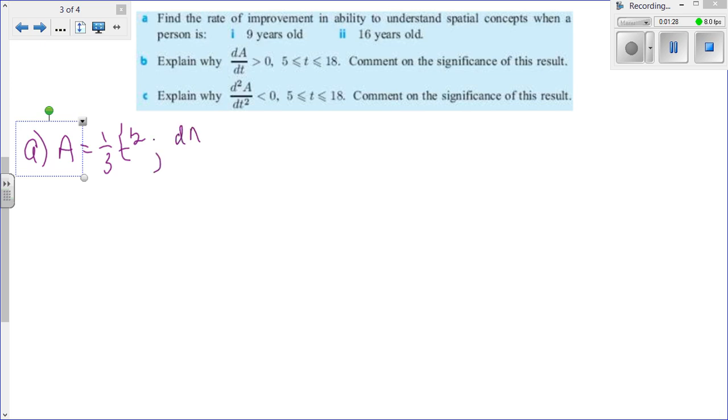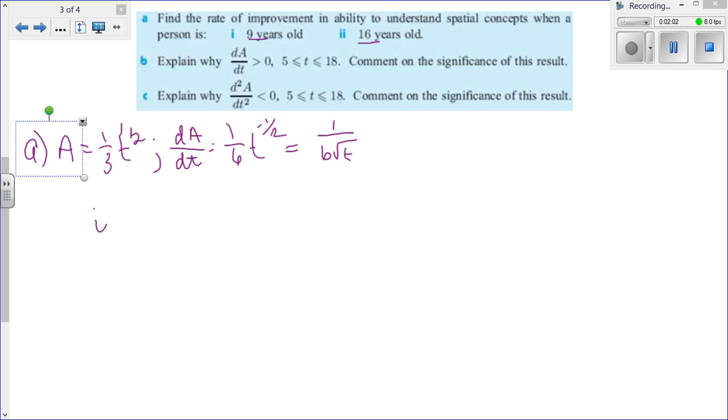So dA/dt: 1/2 times 1/3 is 1/6, t to the negative 1/2. So that is equal to 1/(6 square root of t). So that's my derivative. And it asks us to find when the person is 9 and 16.